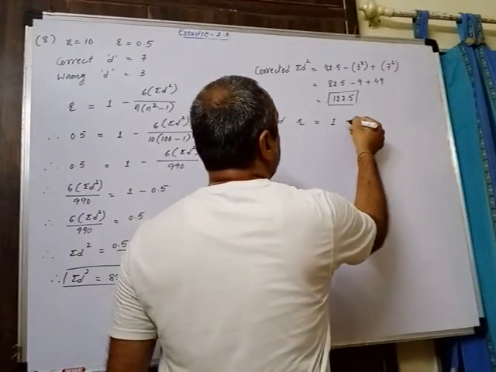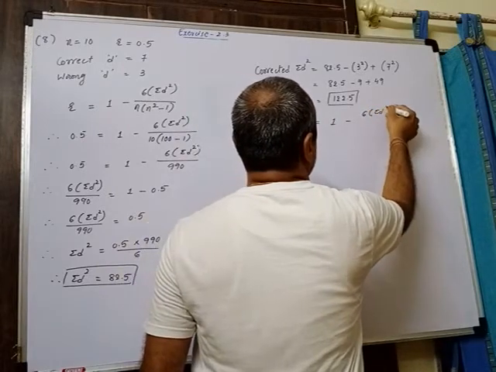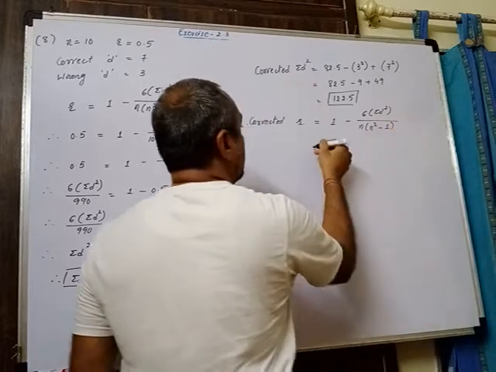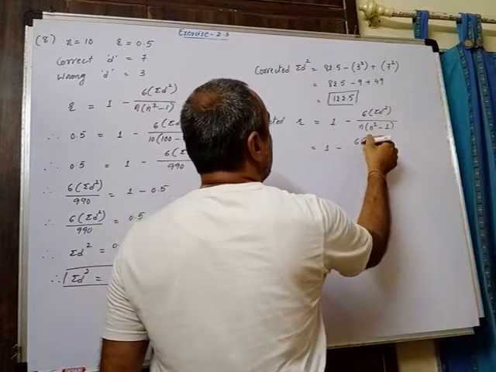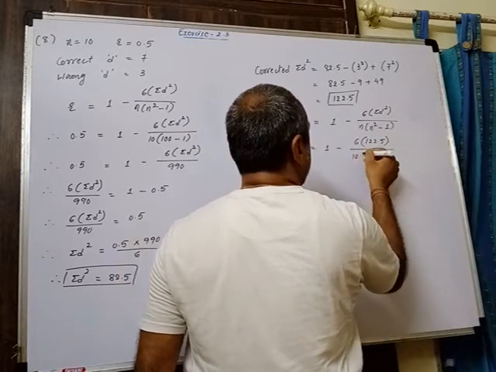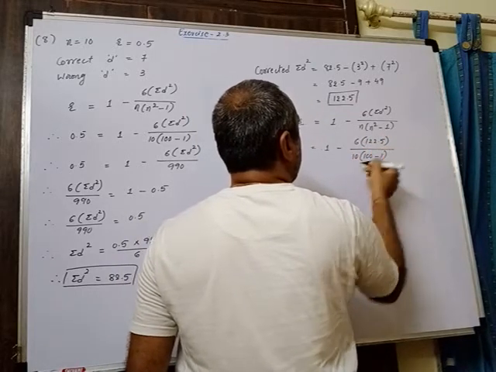So now we'll find out the corrected R, rank correlation. The formula will be the same, 1 minus 6 into sum of d square upon n into n square minus 1. So 1 minus 6 into sum of d square 122.5 upon n is 10 into 10 square, 100 minus 1.